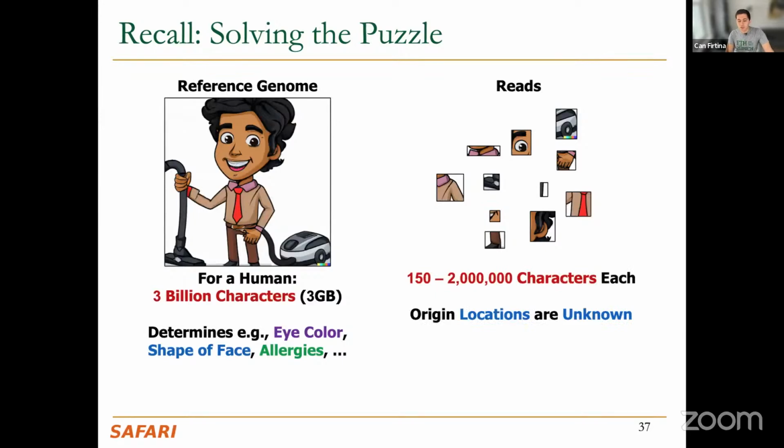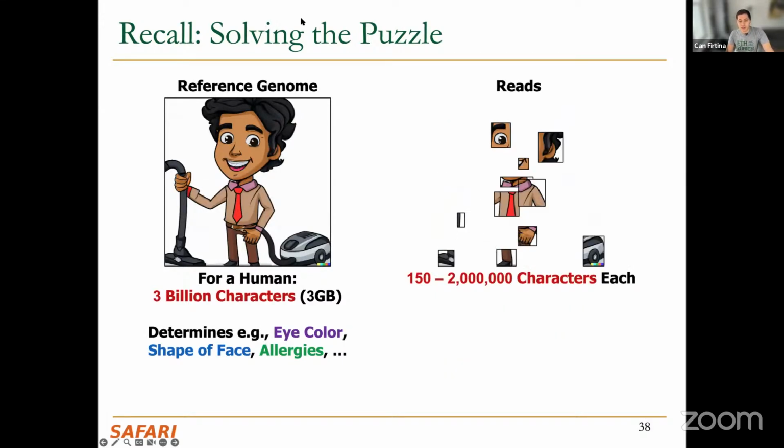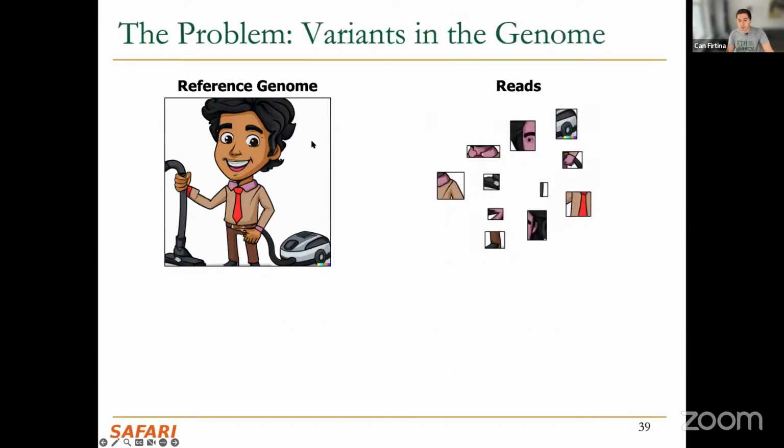We may have millions of reads whose origins are not known. What we do is find some exact matches between the reference genome and the reads, and then try to reconstruct the rest of the picture starting from these exact matches. Up to a certain point, we may be able to construct the picture of an individual by looking at the reference genome.